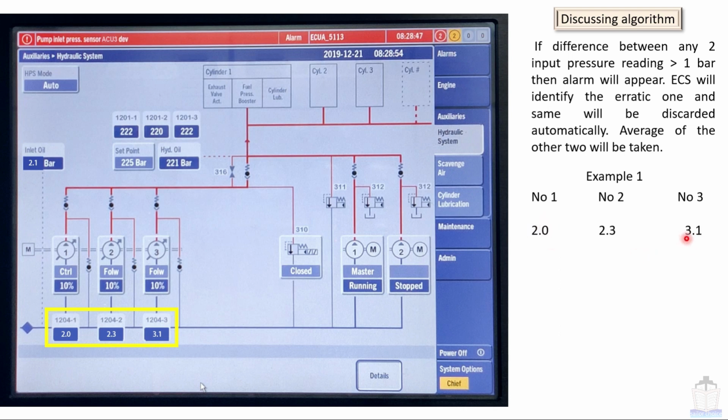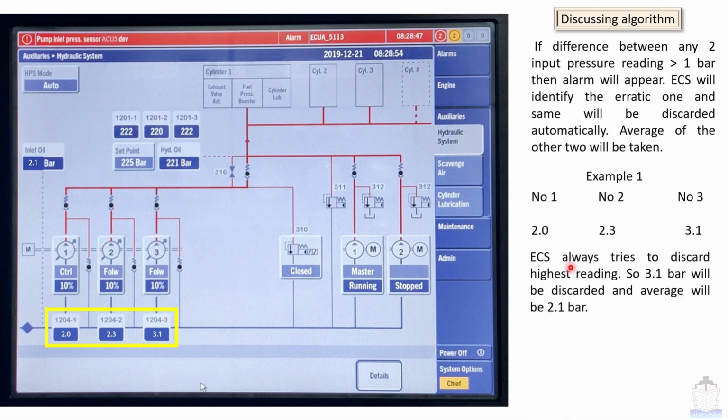So what action will the ECS take now? ECS always tries to discard the highest reading, so 3.1 bar will be discarded and the average will now be 2.1 bar. You can see here it is now 2.1 bar. This reading has been discarded and the ECS is only reading the number 1 and number 2 values.